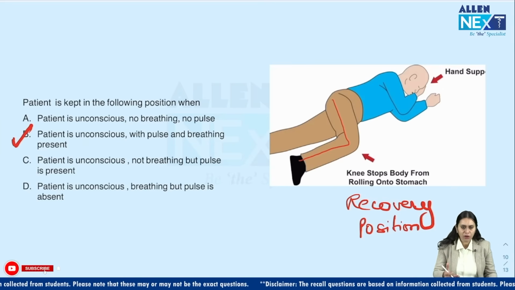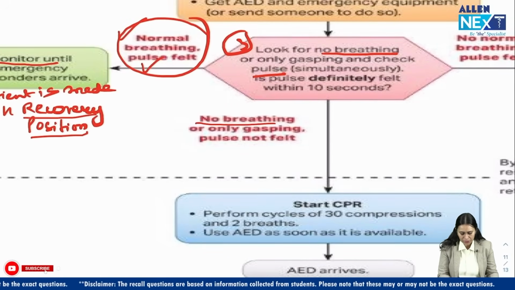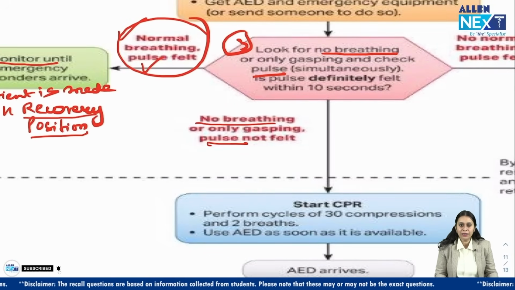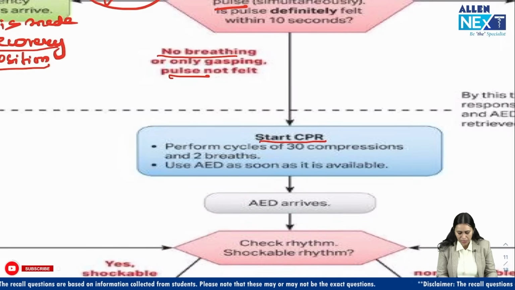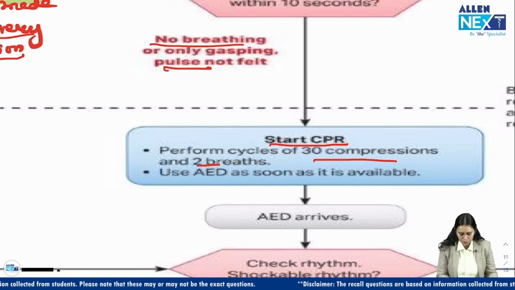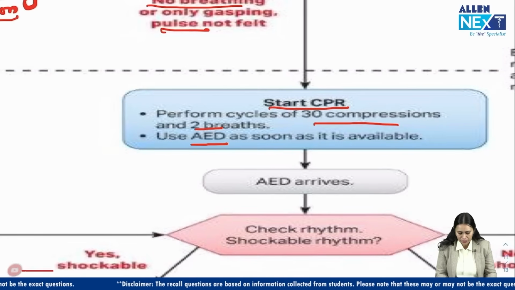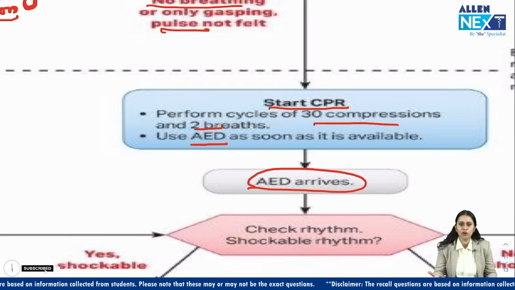For a patient who is unconscious with no breathing and no pulse, we start with CPR, high quality chest compression. We perform 30 compressions and 2 breaths, and use an automatic external defibrillator as soon as possible.